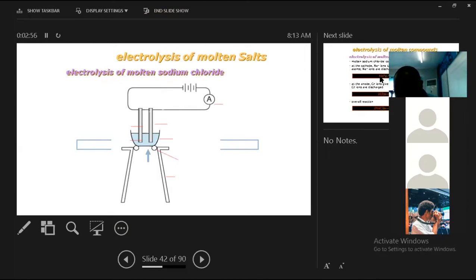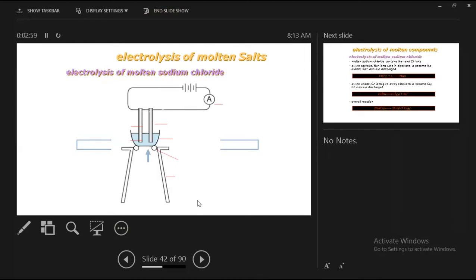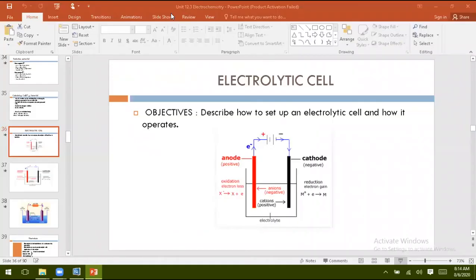When Na+ goes to the cathode, it will form sodium metal. So the product will be sodium, or just Na. And Cl-, when it moves to the anode, will form chlorine gas. And we have to write half equations, right?